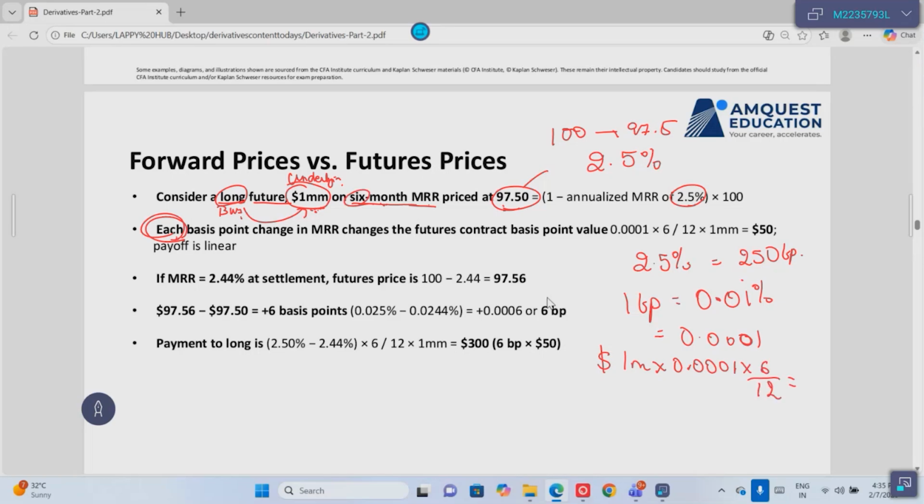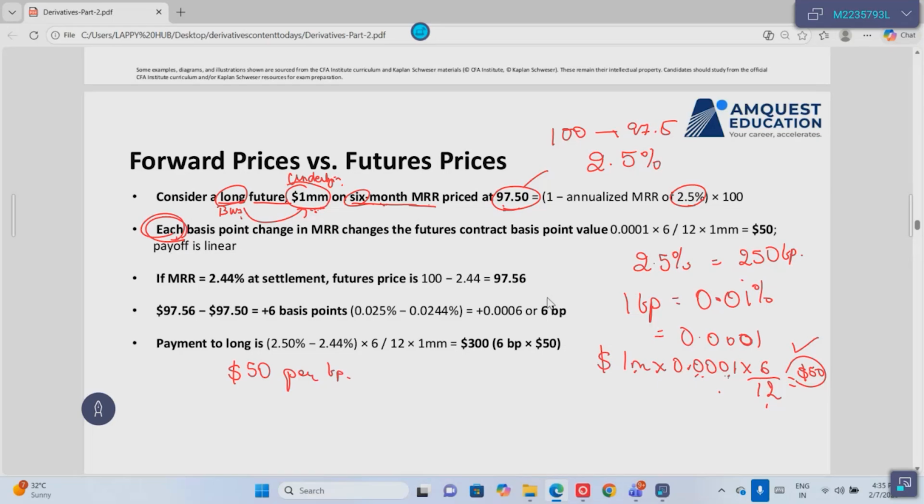What will I get? $1 million times 0.01% for 6 upon 12 months gives you $50. And that's only for 1 basis point. So if I have a 1 basis point change, it is $50 per basis point.